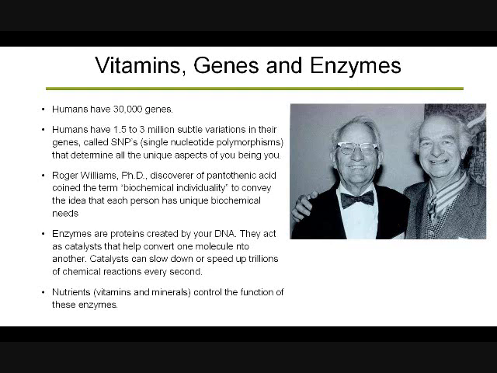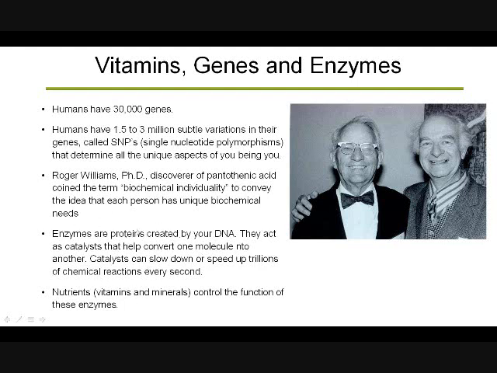So a great debt is owed to these giants like Roger Williams and Linus Pauling who figured all this stuff out. But remember, enzymes are proteins created by your DNA. Think of them like those party planners and socialites that help keep the party going.